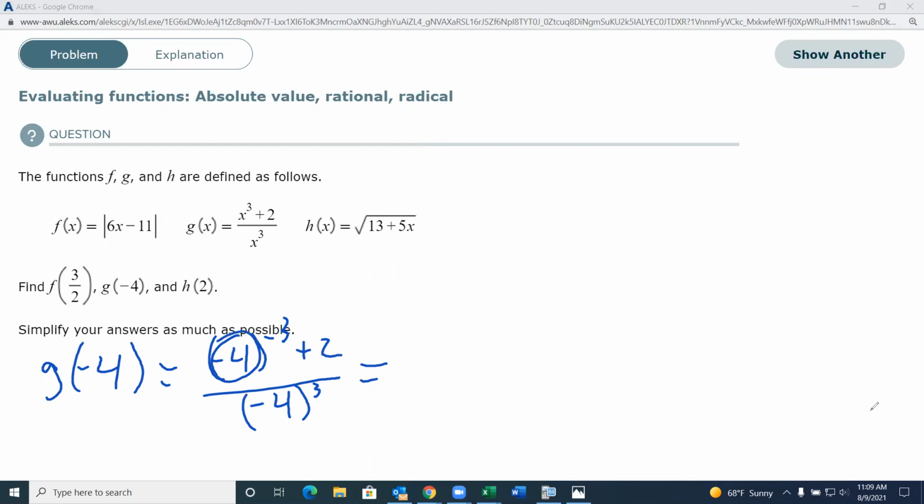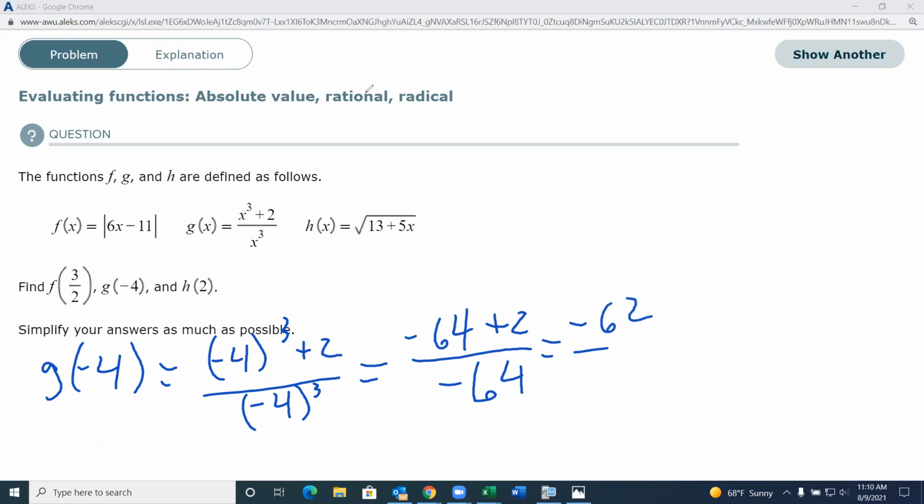Oh, wait a minute. There's no negative on the exponent. Sorry about that. -4 to the 3rd power is -64. Both times. And we get -62 over -64. Cancel the 2's, and I get -31 over 32. And ta-da, we're done.